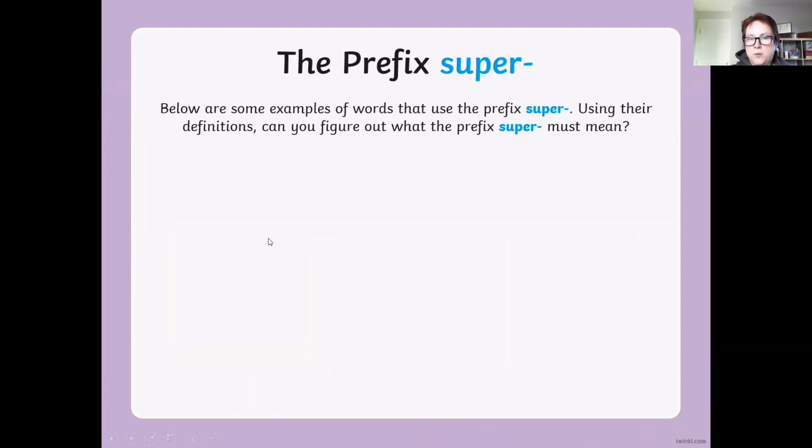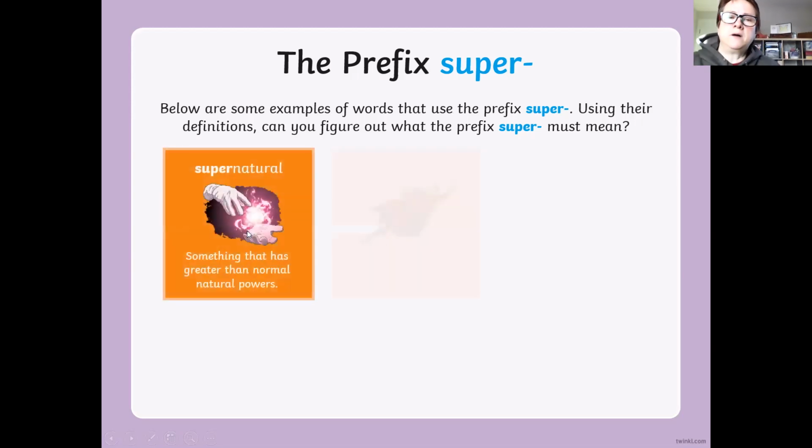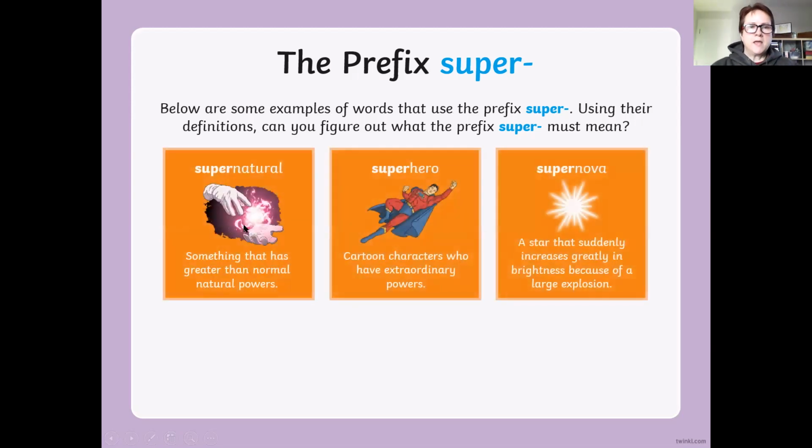Let's look at the prefix super first and see if we can work out, I know I gave you a clue earlier on, what super must mean. So I've got supernatural, something that has greater than normal natural powers. Superhero, cartoon characters who have extraordinary powers.